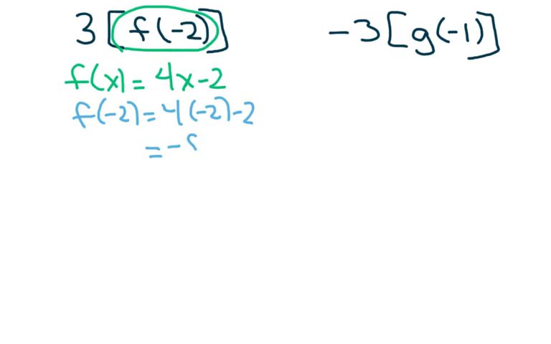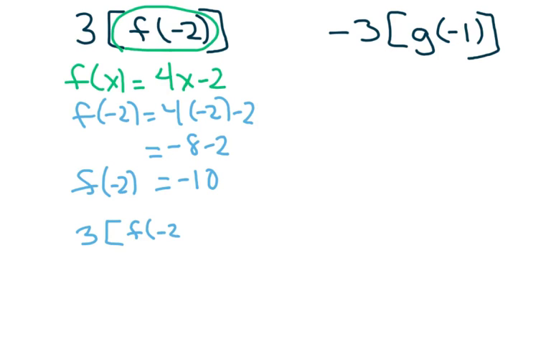That equals negative 8 minus 2, which equals negative 10. So f of negative 2 is negative 10. So when I have 3 times f of negative 2, and I know f of negative 2 is negative 10, that's 3 times negative 10, which equals negative 30.